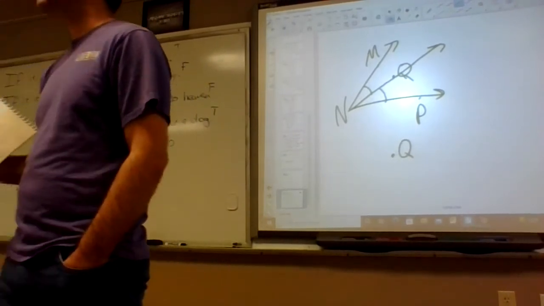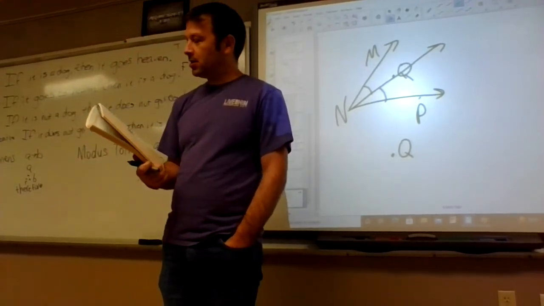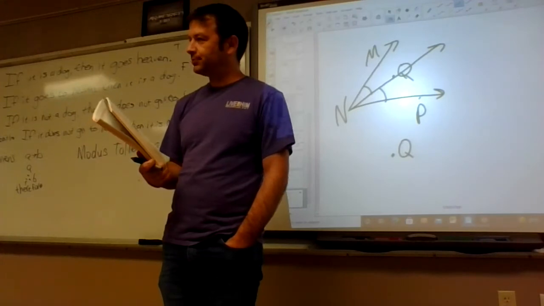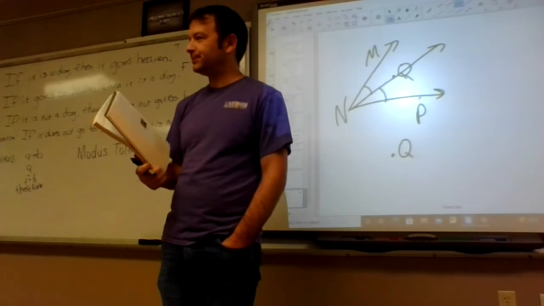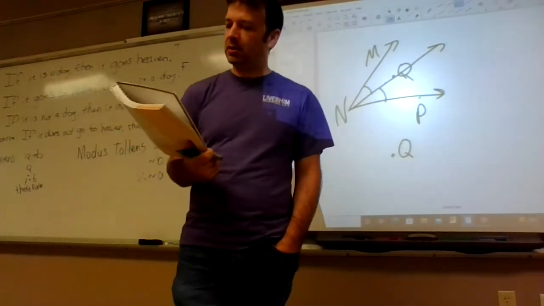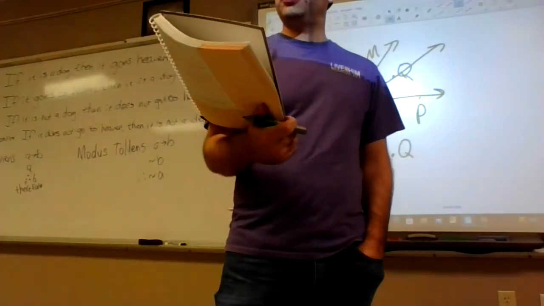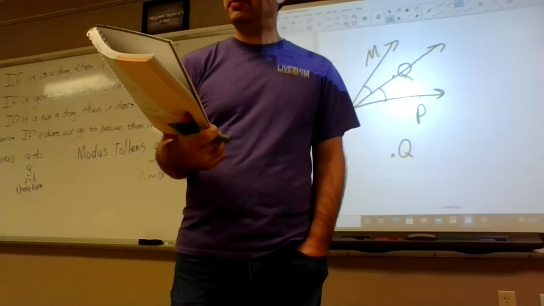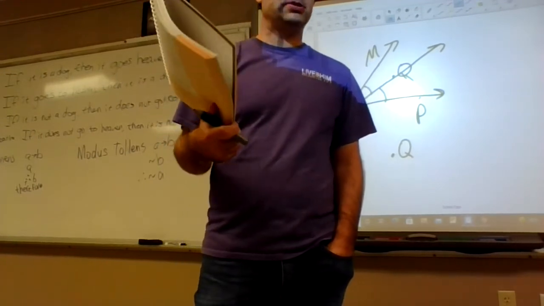So basically MQ plus QP equals MP. See the second part of that sentence, when it says then blah blah blah with all the measure angle. Yeah, so that's the part we're going to say.